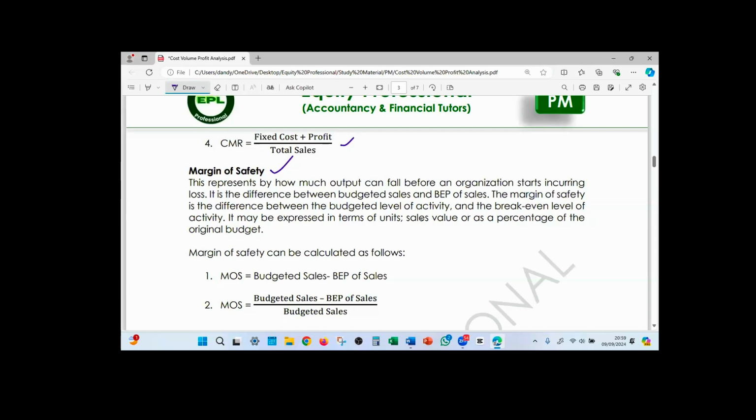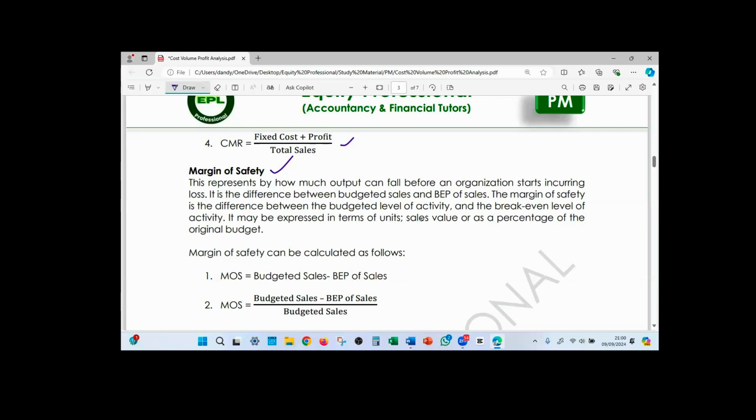Margin of safety represents the difference between the budgeted sales value and the break-even point of sales. Of course, it can also be determined as the ratio of the difference between the budgeted sales.